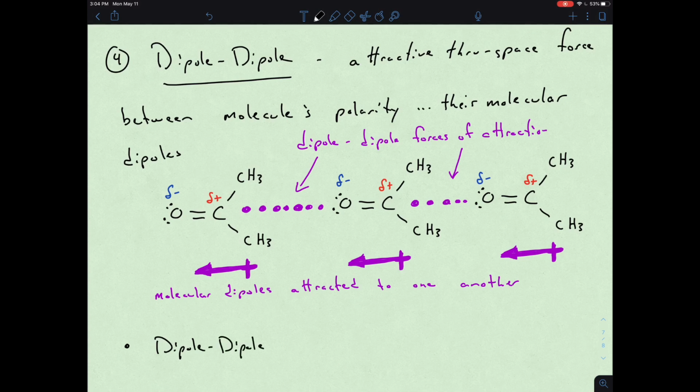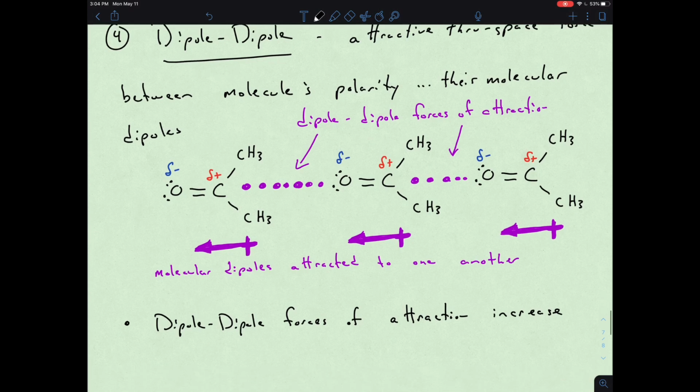Dipole-dipole forces of attraction increase with basically increasing molar mass.